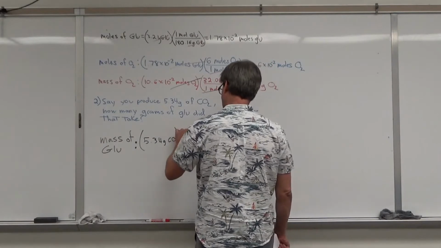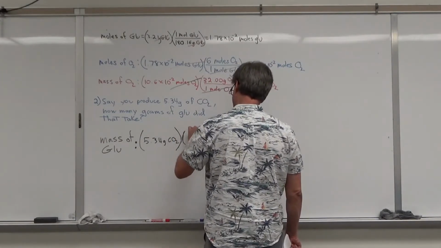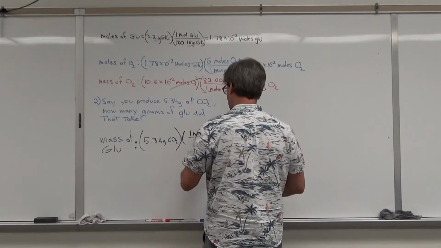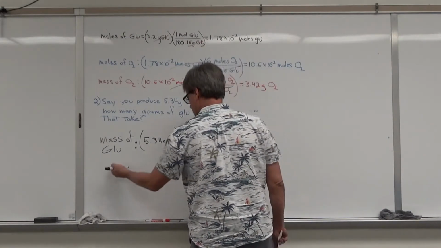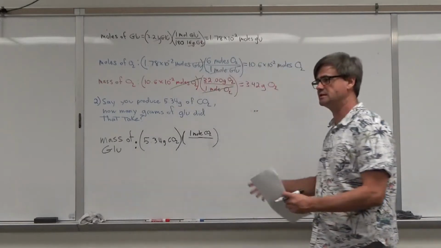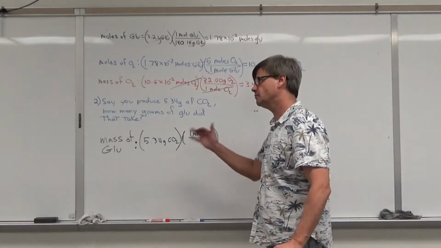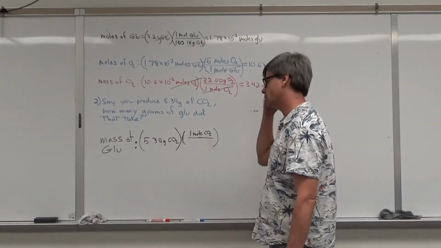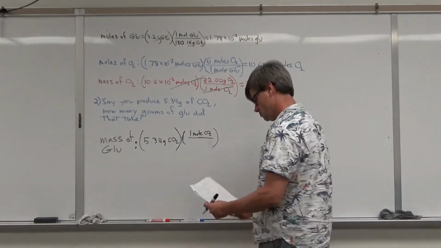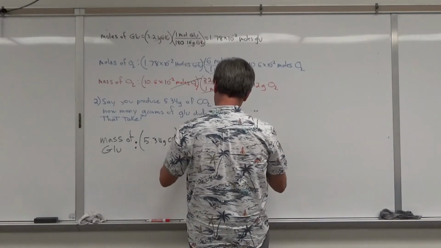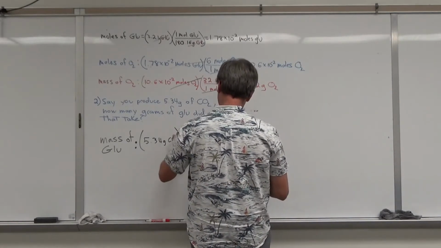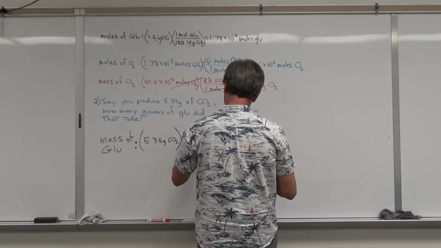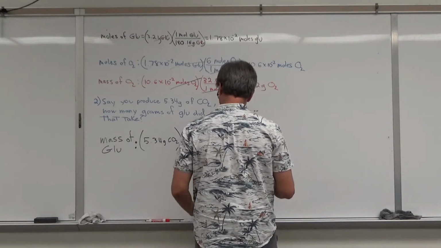For every 1 mole of CO2, how many grams? Well, you get the molecular weight, you can do that in a separate problem. Sometimes in problems like this, I might even give you the molar mass so that you don't have to work out 1 carbon, 2 oxygens, what's the molar mass? I'll tell you right now what it is: 44.010 grams of carbon dioxide, okay?